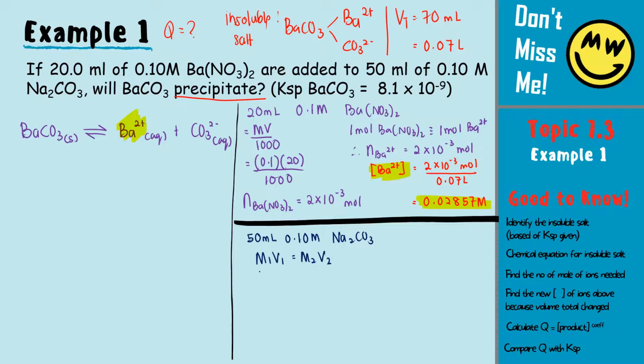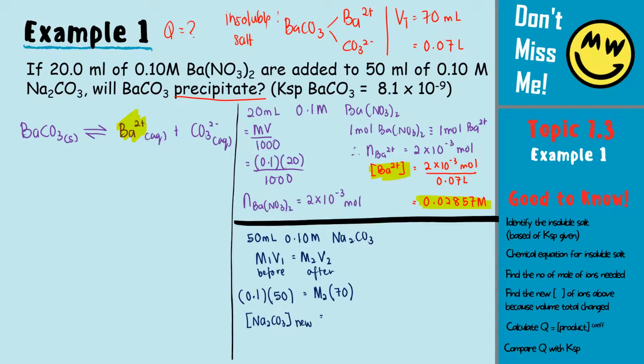Where your M1V1 over here is before the mixing, M2V2 is after the mixing. So your M1 over here is the first concentration, 0.1 molar. The first volume is before the reaction, before you mix up the solution, so 50 milliliter. The concentration M2 is the one that we are looking for. The volume 2 is 70 milliliter. And from that, you can find the new concentration of your Na2CO3.